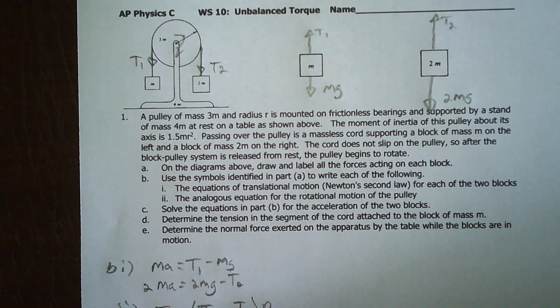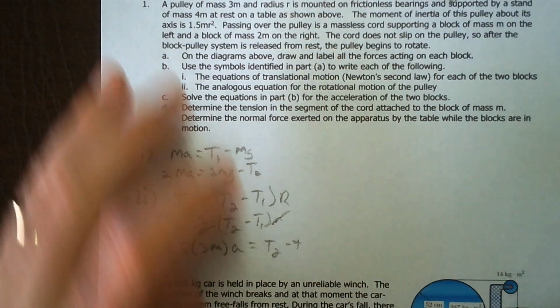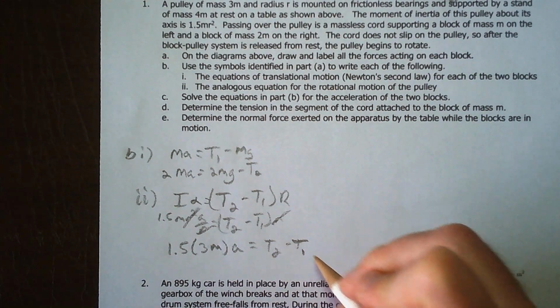This is going to be 1.5 mr squared A over R equals T2 minus T1 R. The R cancels the square, this R cancels that, and so I have 1/2 the mass, and that's going to be 1.5 times the mass, and that mass is 3m times A equals T2 minus T1. Oh, sorry, T2 minus T1.